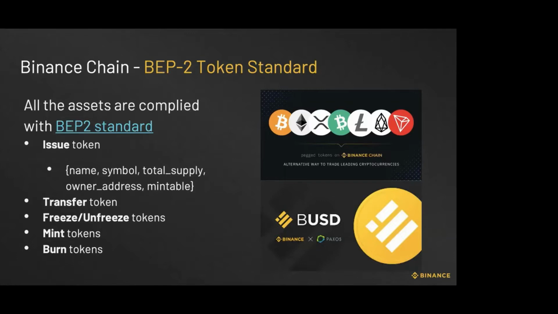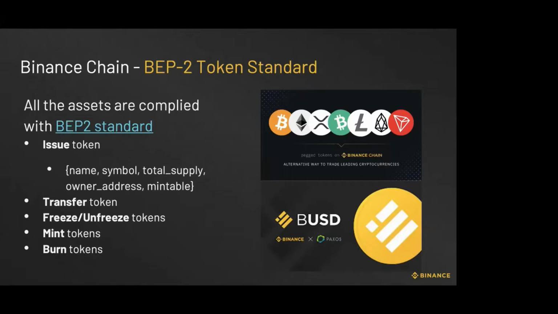Other than BNB, Binance has issued a USD stable coin, BUSD, on Binance Chain, and it's a fully regulated stable coin, and it has a very large volume on DEX.